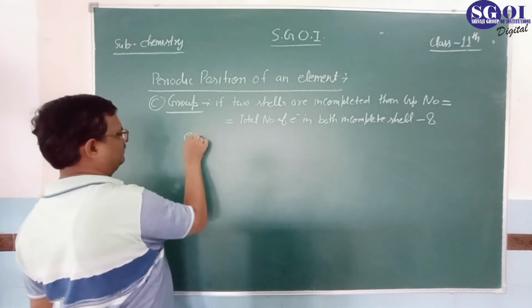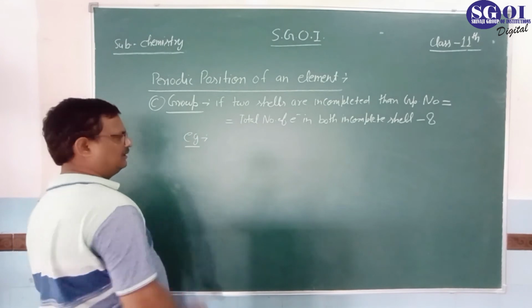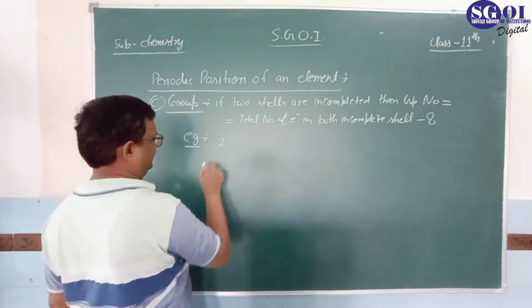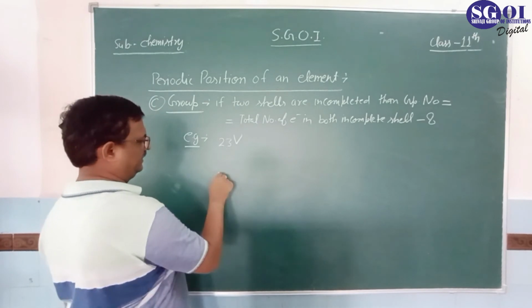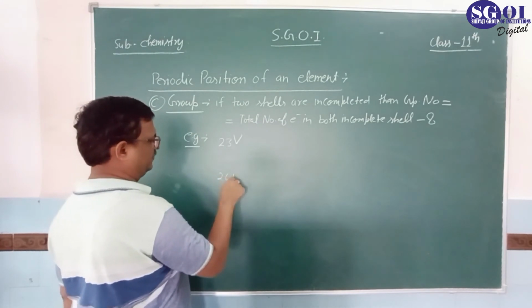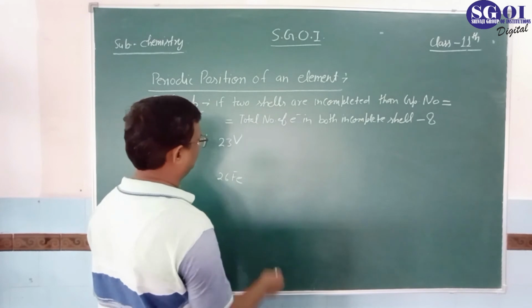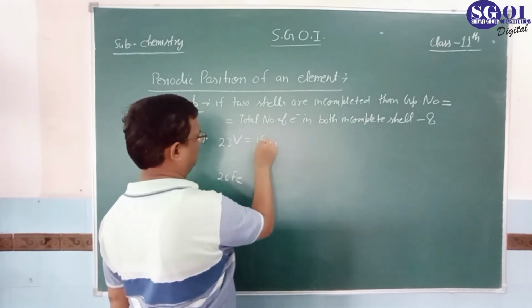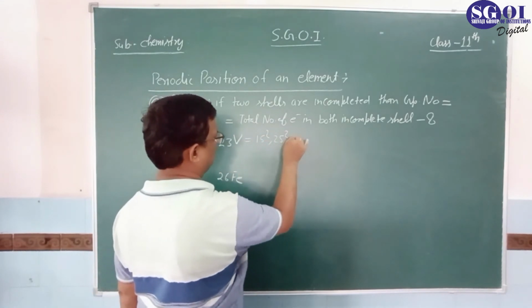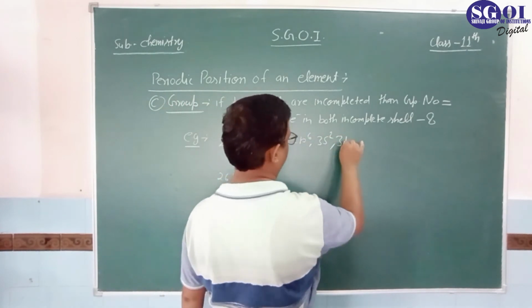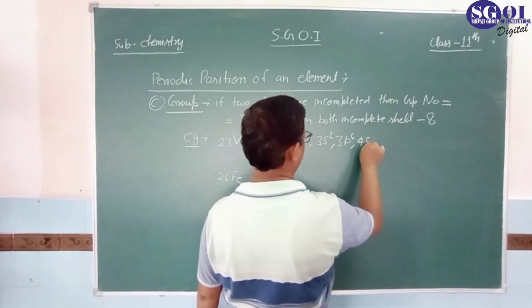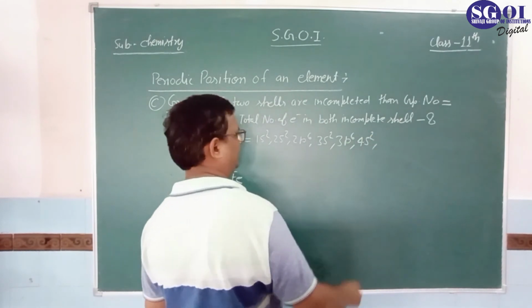Now take an example: 23 is vanadium and 26 is iron. Now I have to calculate. 1s2, 2s2, 2p6, 3s2, 3p6, 4s2 and 3d3.